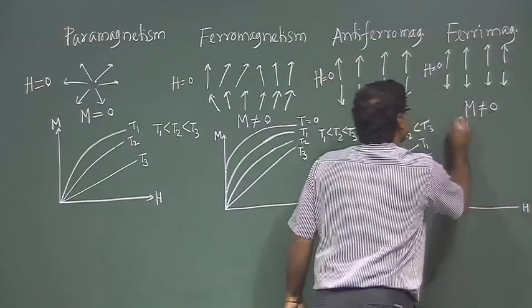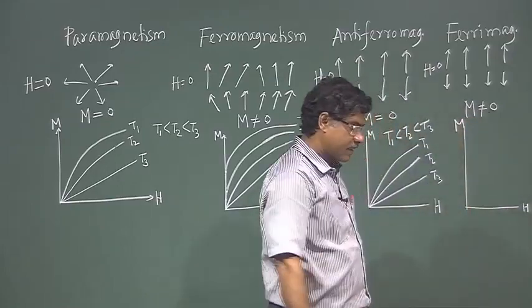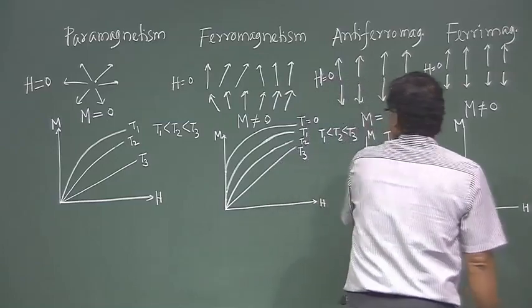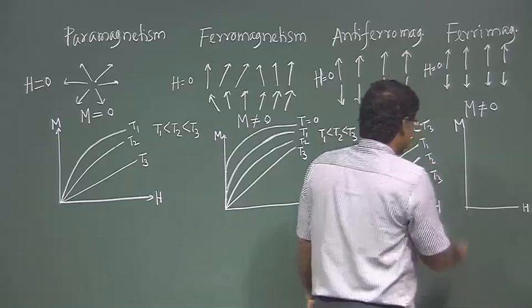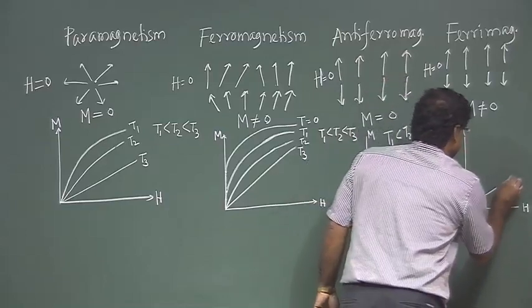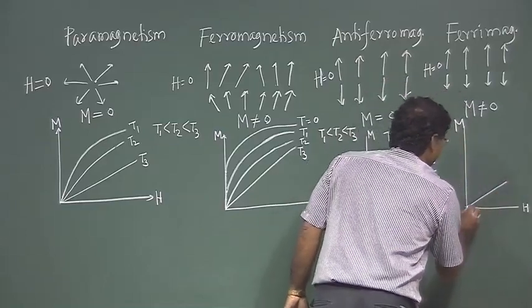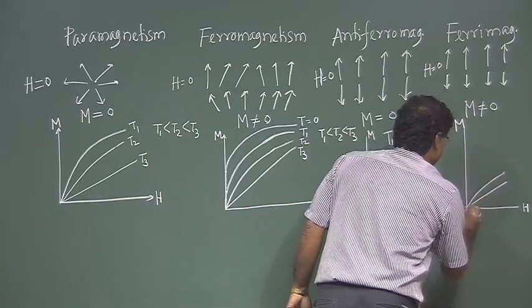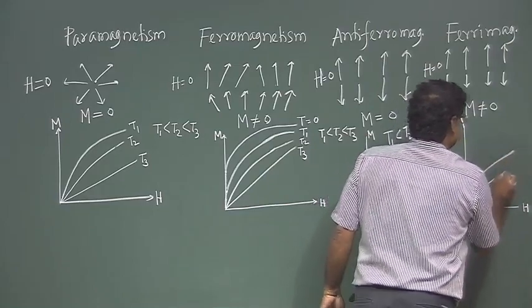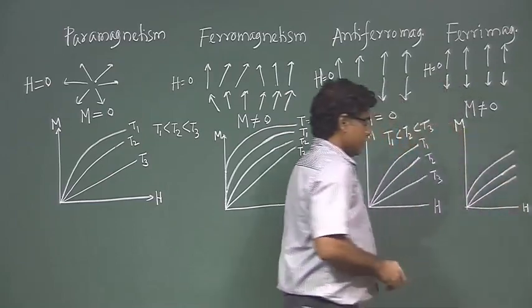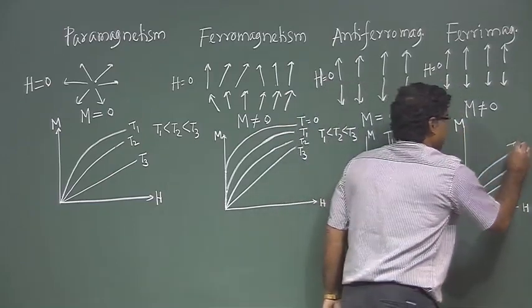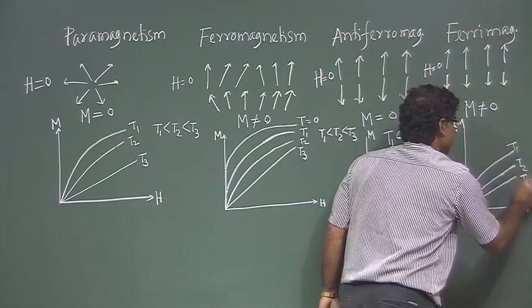And in the other case, H and M, it is similar to ferromagnetic, but the magnitude will be different. So, this is T1, T2, T3.